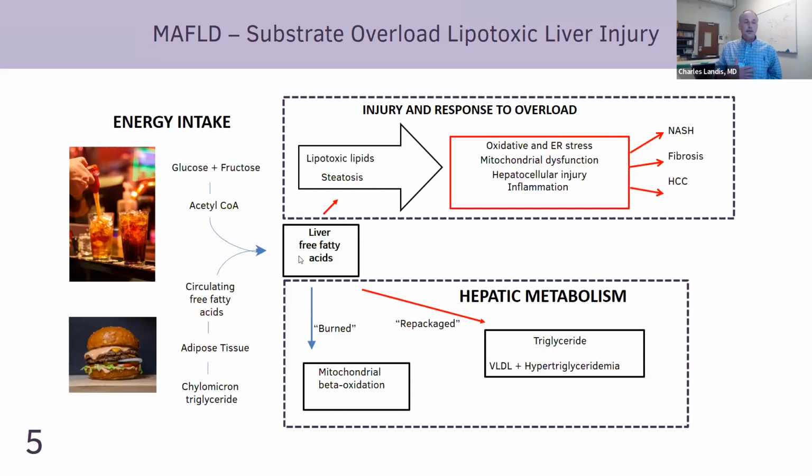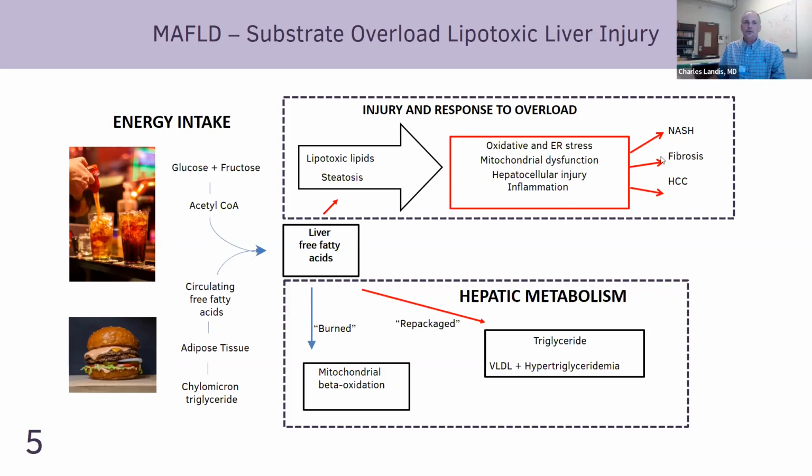In the context of diet and excess adipose tissue, you get increased liver free fatty acids, which can be metabolized, burned by mitochondrial beta oxidation, or repackaged in the form of triglyceride or VLDL, which can lead to hypertriglyceridemia. But you can overload this process and lead to overload of hepatic lipid deposition, which leads to steatosis, and the presence of lipotoxic lipids, which can lead to oxidative ER stress, mitochondrial dysfunction, and hepatocellular injury and inflammation.